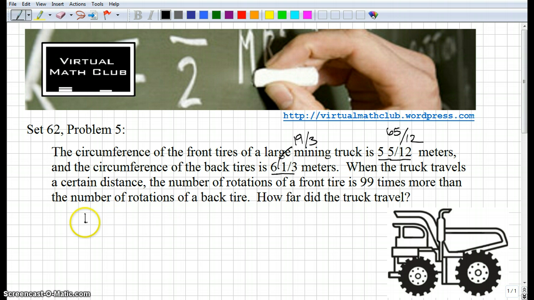Alright, so let's see if we can write what we're told in mathematical form. It says that when the truck travels a certain distance, the number of rotations of a front tire is 99 times more than the number of rotations of the back tire.